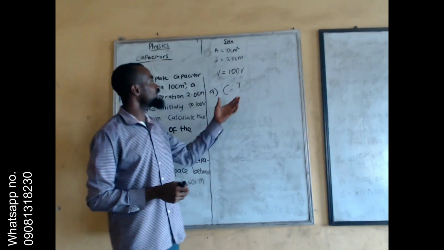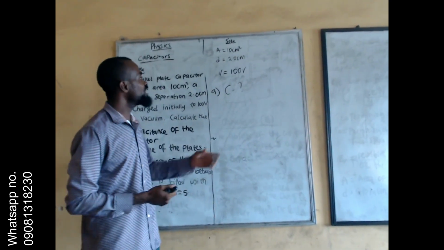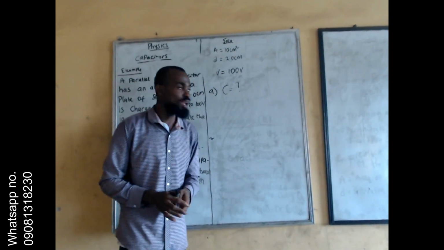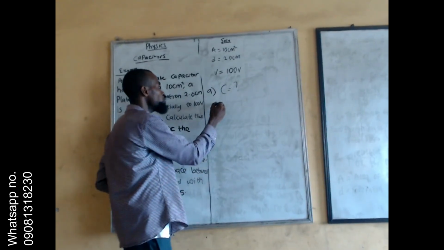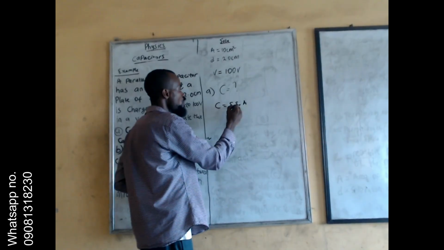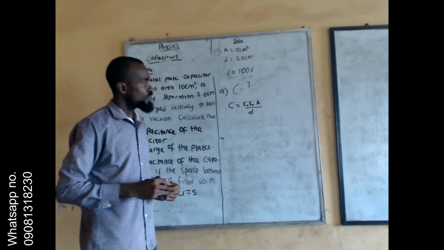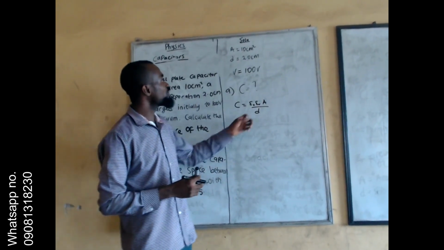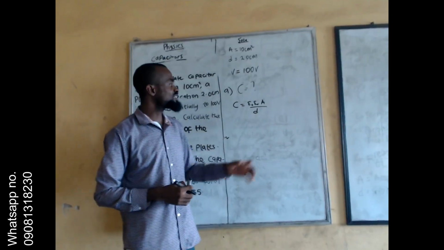No, because we don't have the charge across the plates, we only have the potential difference. What about the other formula, C is equal to epsilon naught epsilon r A over D? Can we use this formula? Yes, because the area is given and the distance is given.